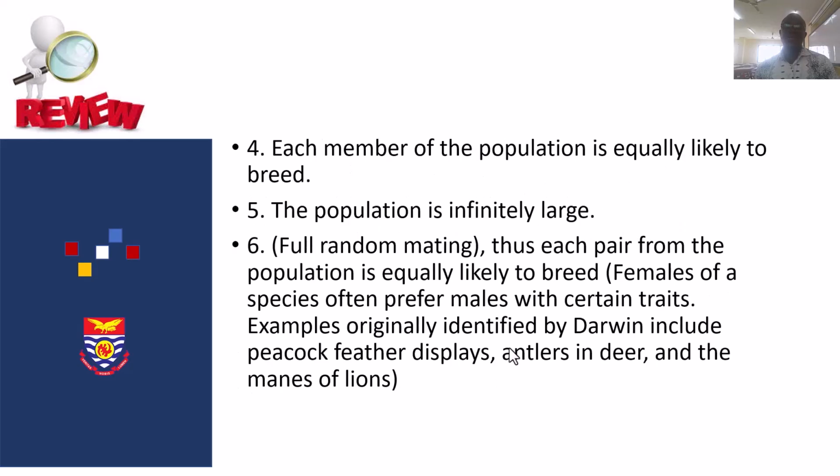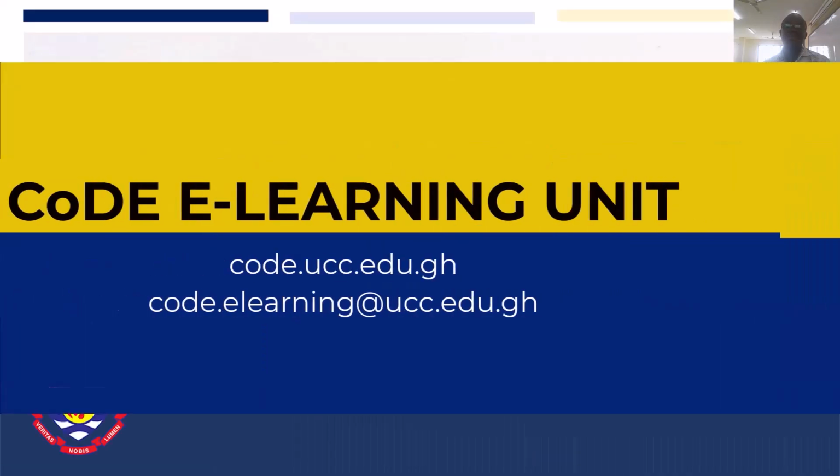Mutation is not occurring. Each member of the population is equally likely to breed. The population is infinitely large. For random mating, each pair from the population is equally likely to breed. Females of a species often prefer males with certain traits. Examples, originally identified by Darwin, include peacock feather displays, antlers in deer, and the manes of male lions.